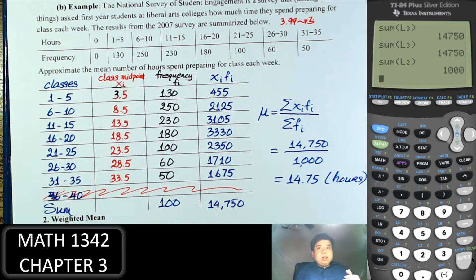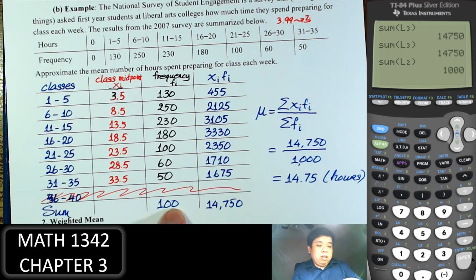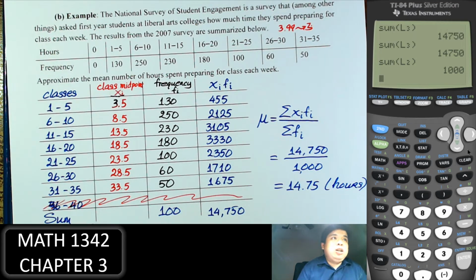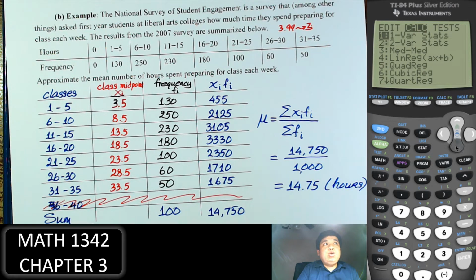So put everything in list 1, list 2, and multiply, add all of them up, divide by the sum of frequency. Even better than that, there's what we call the two variable statistic. So hit stat, calculate, this time two variable statistic.